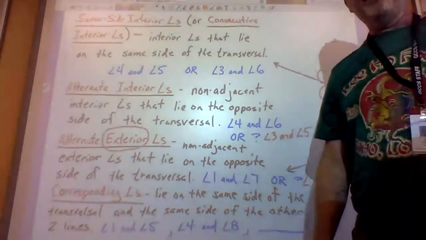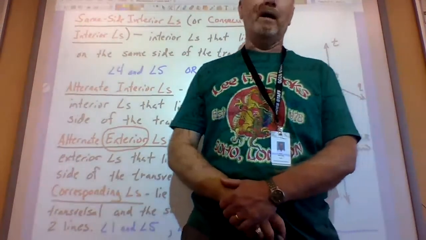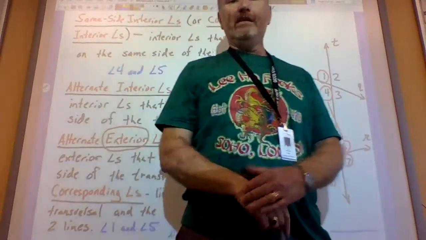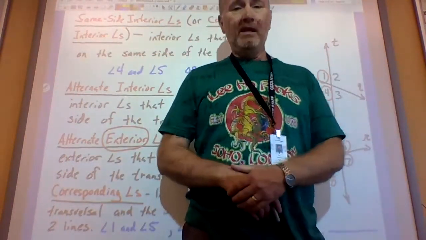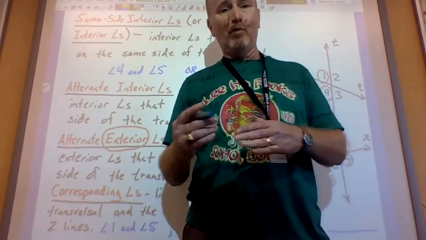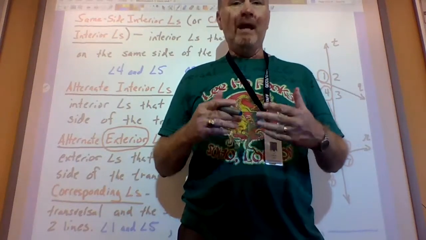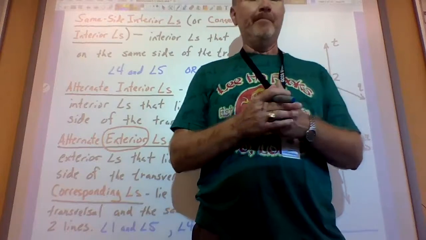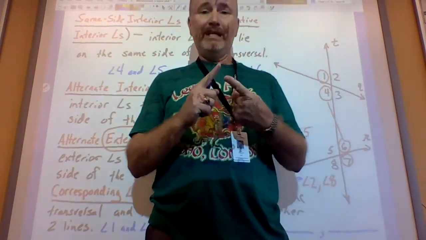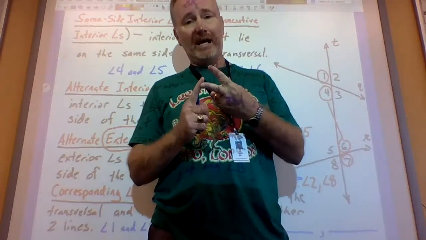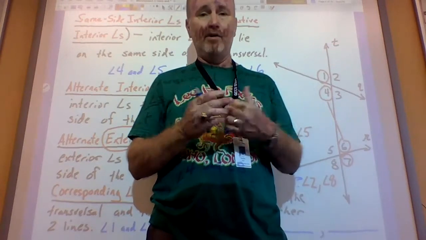Okay. Now the last one, corresponding. This is the only one, in these new 4 that we're learning, where it doesn't have the word either exterior or interior, and that's because it can't. Corresponding angles will always have one guy who is on the interior and one guy who's on the exterior. That's just how it works.